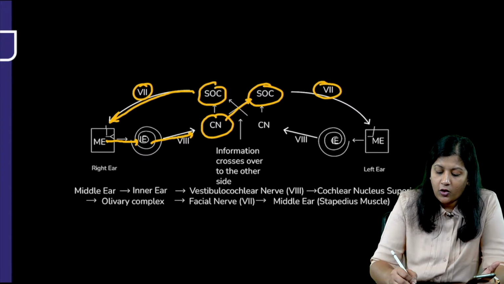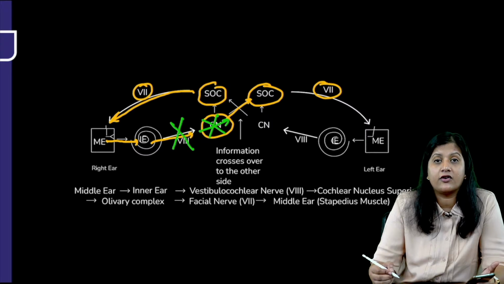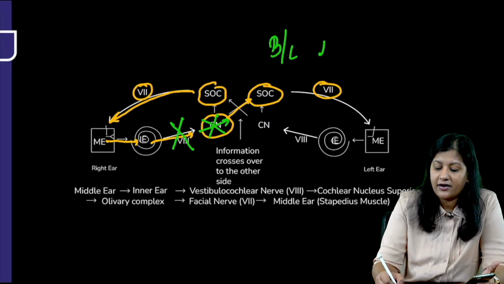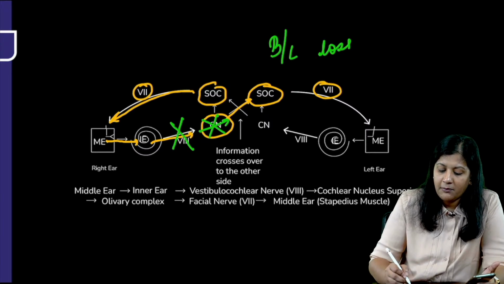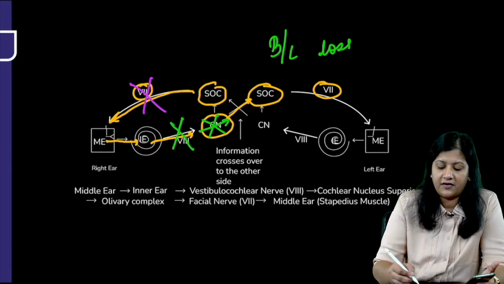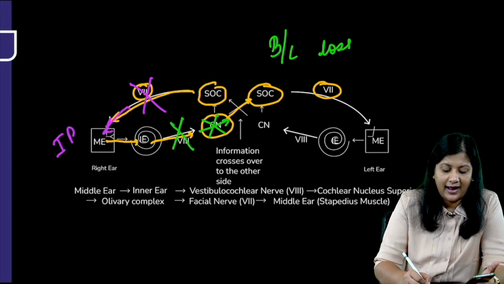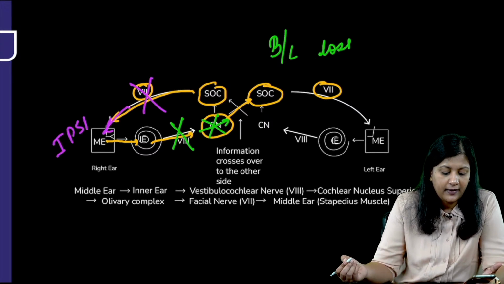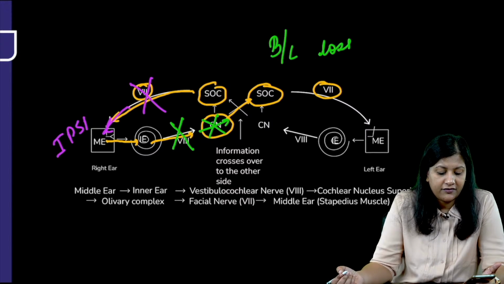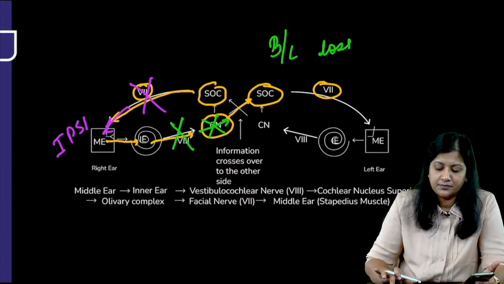So any pathology in the 8th nerve, the impulses won't get conducted further, so there will be bilateral loss. But any pathology in the 7th nerve, there will be only ipsilateral loss. Got it? I hope you got it. Kapil and Divya, you both were asking me, so I hope you got the answer for this question.